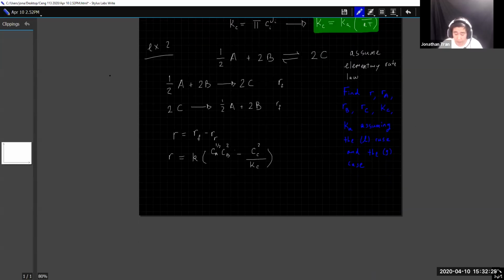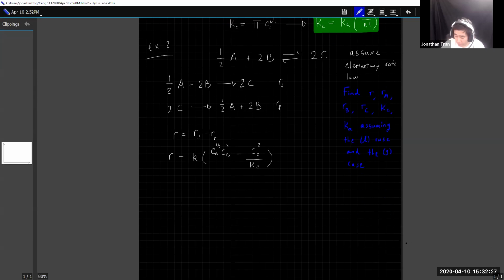From there, we can find the rate law for the individual species using the relationship with their stoichiometric coefficient. So in this case, it's going to be R is equal to R sub A over nu A. Therefore, we can define R sub A as equal to nu A times R, which in this case, keep in mind there's a negative 1/2 in the front.